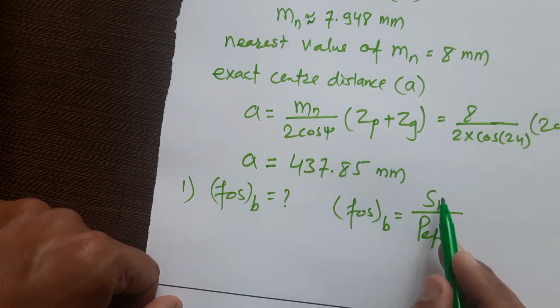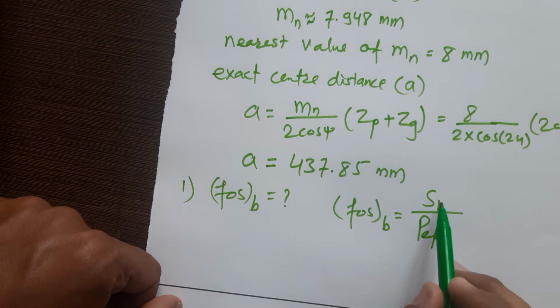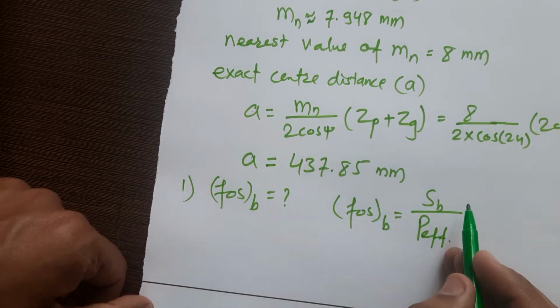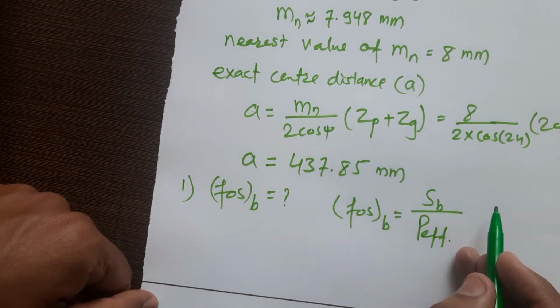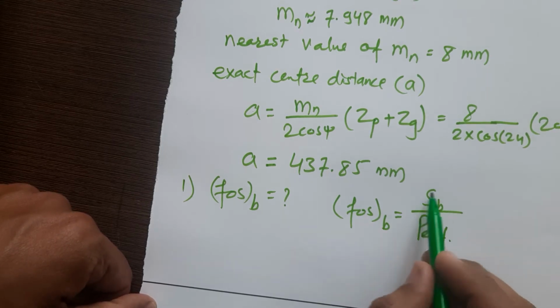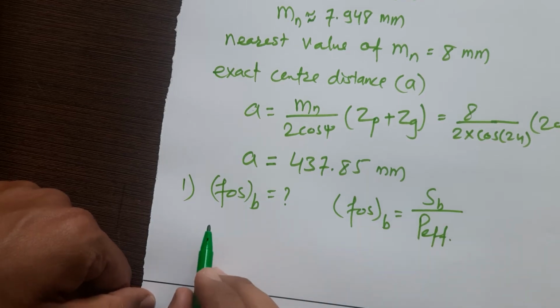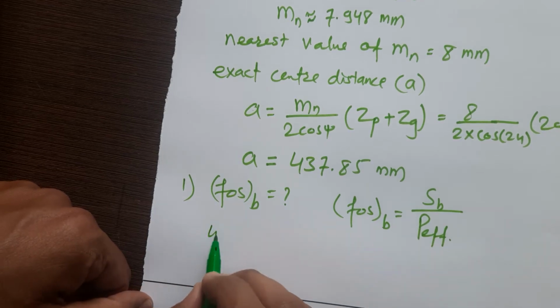So to calculate this we need SB and P effective. SB first we will calculate. For SB, beam strength, we need the weaker element, because we don't know whether the gear is weaker or the pinion is weaker. SB will always be based on the weaker element. So first we need to find the weaker element.